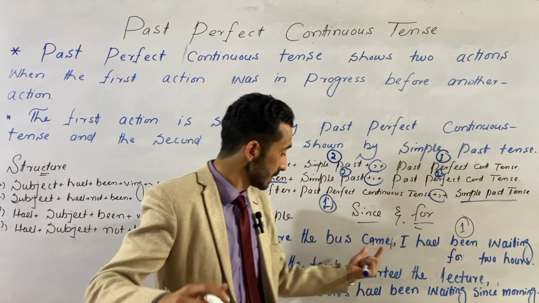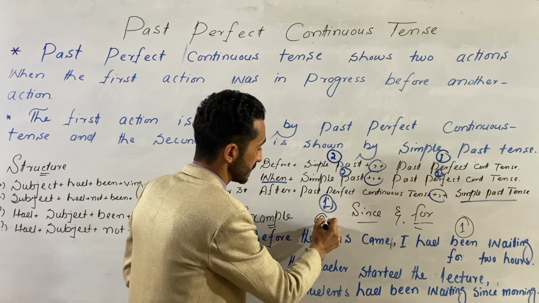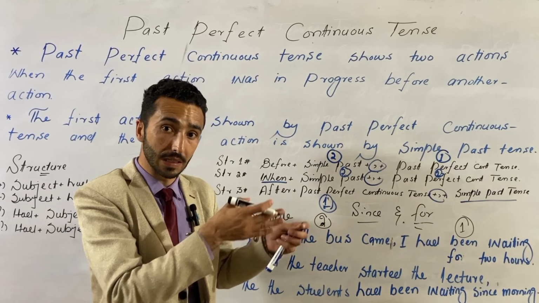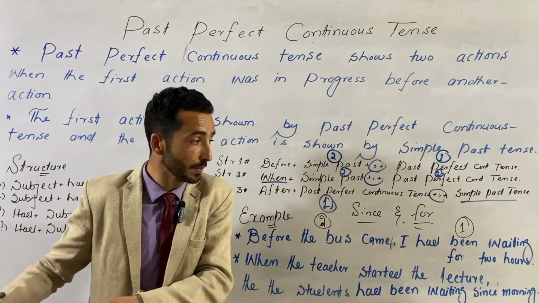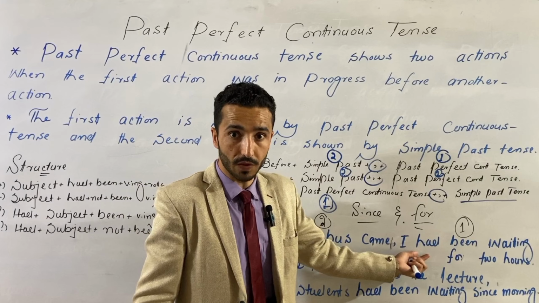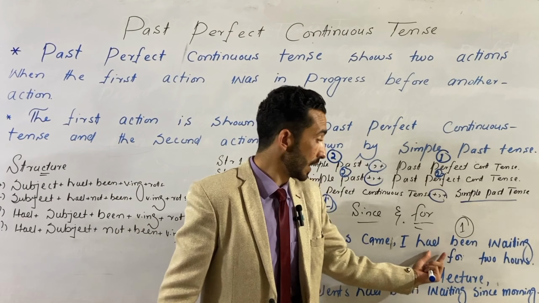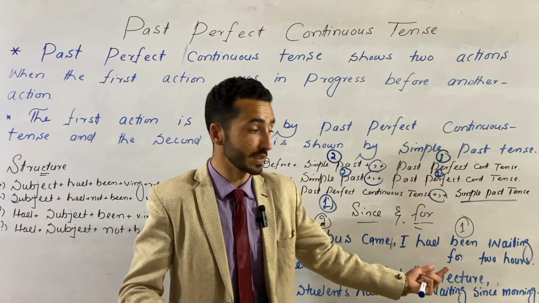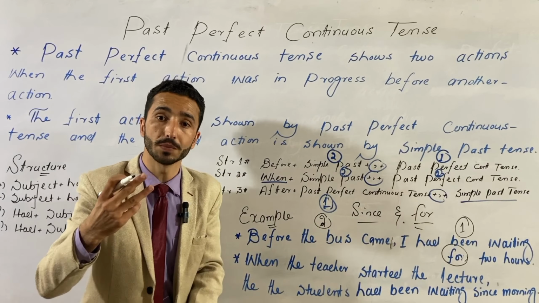Then the second action happened: the bus came, meaning the bus came late. Before the bus came, I had been waiting for 2 hours. Now look, I used for. It shows the duration. 2 hours means duration.